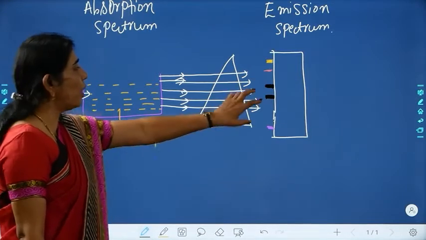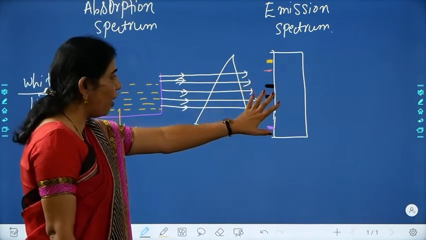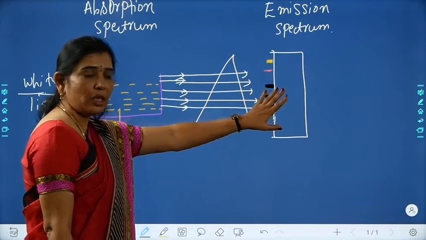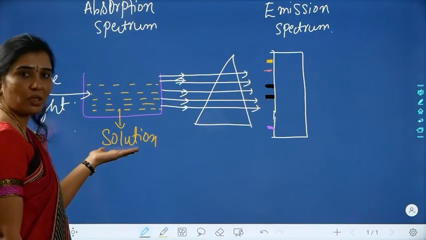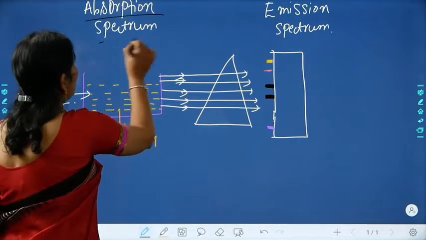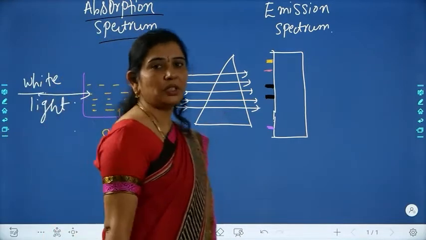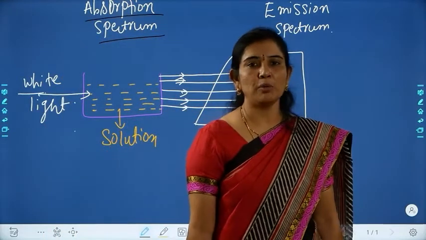Now the black spots formed on the photographic plate, corresponding to the light radiation absorbed by the solution, are known as what we call the absorption spectrum. Now what do you mean by absorption spectrum?